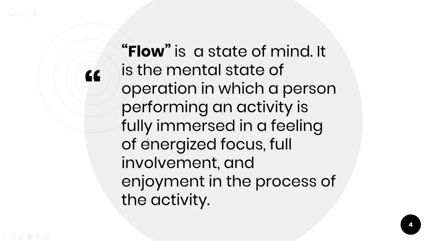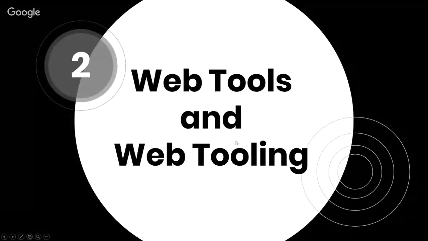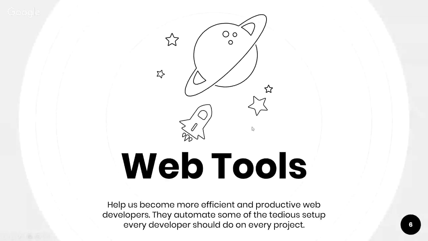Okay, so now that we've seen what the flow concept is and why it's so useful to us, let's see some tools we can use to help us get into such a state of mind. Let's have a look at what web tooling is and what web tools we can use. All right.